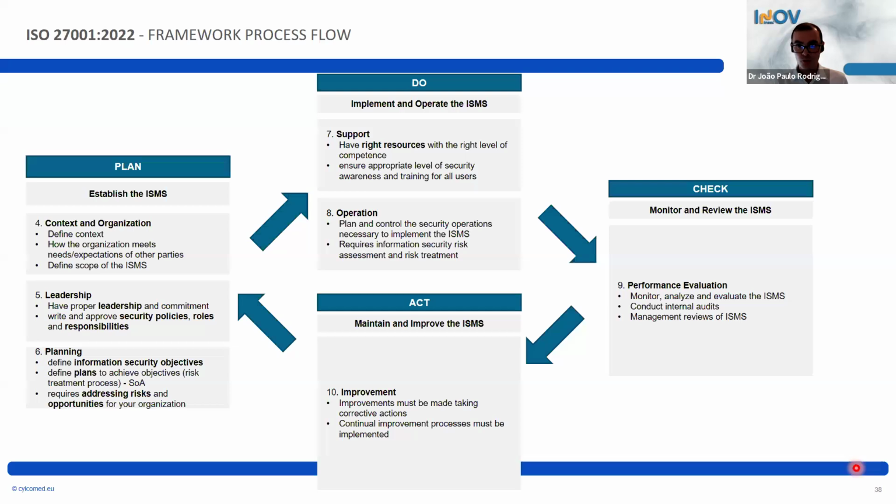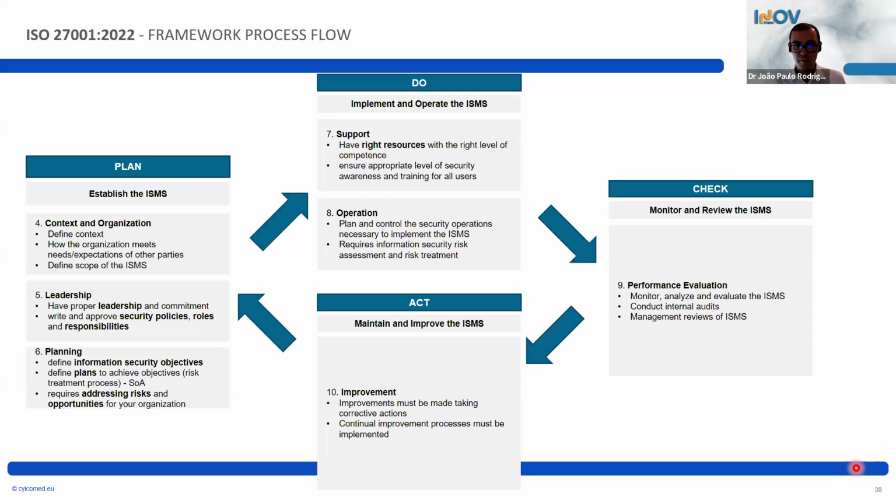This systematic approach is organized in the ISO 27001 in a plan, do, check, act cycle, where in the plan phase, establish the ISMS, we need to establish the context of the organization. We need to define the context.